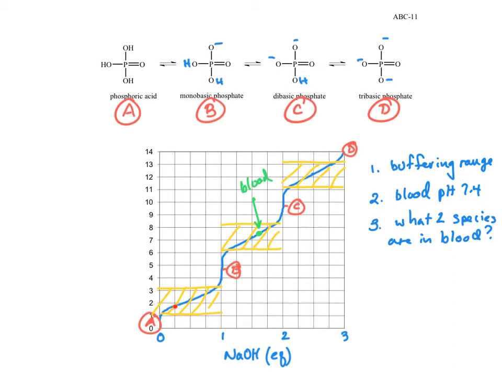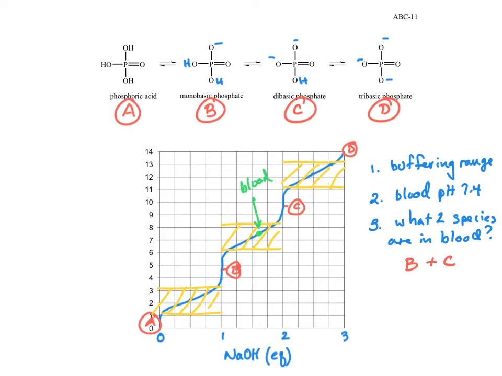We have 100% A. We convert to 100% B. We go through blood on our way to C, and then later all the way to D. So in blood, at 7.4, we have a combination of B and C, because that's what we are titrating at that point. We're converting monobasic to dibasic. So the answer to that question is B and C.